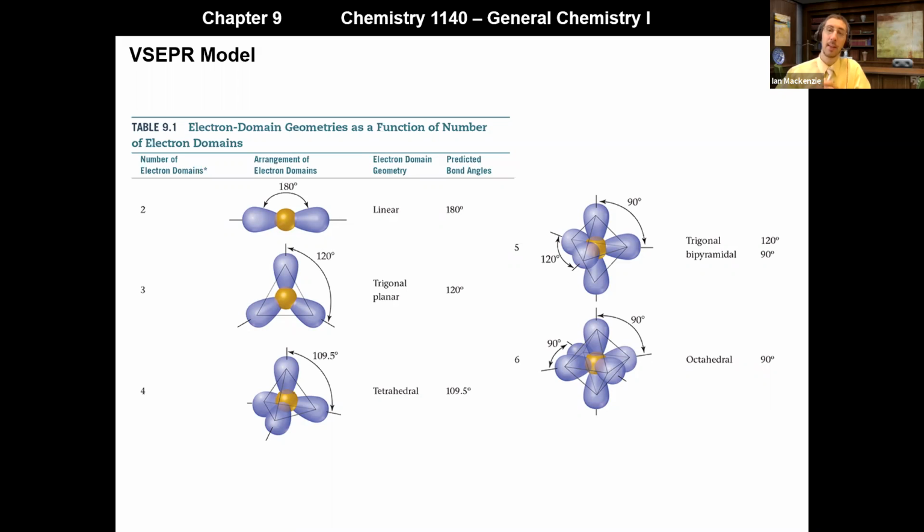Within that plane, the angles are 120, and then between that plane and the upper or downward domain are 90. Lastly, if we have 6 electron domains, all of the bond angles are now just 90 degrees. It doesn't matter how you measure, and this is referred to as an octahedral geometry.